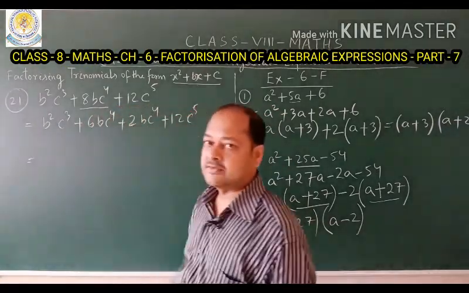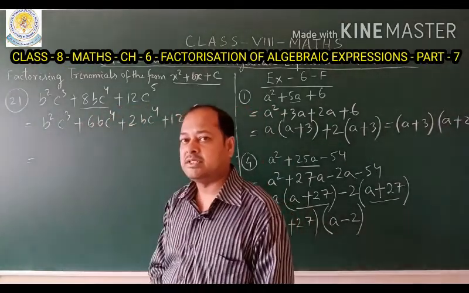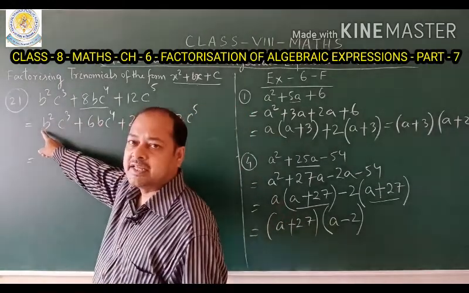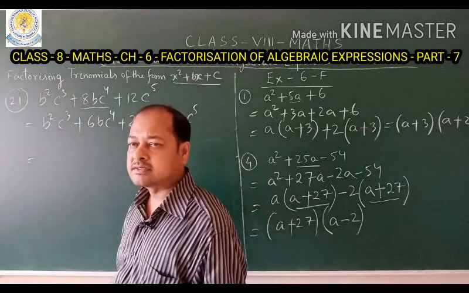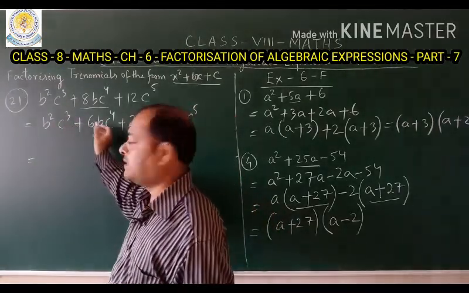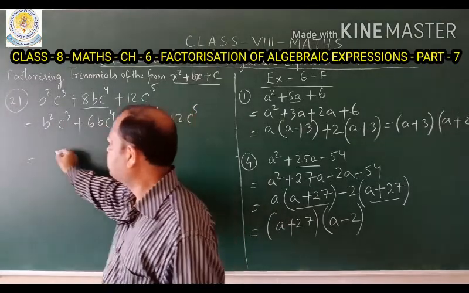Let's see the first two terms. What is common between these two terms? b is present, there is no coefficient here, so no need to write the numbers. Here b square is present, here b is present. So b is common.